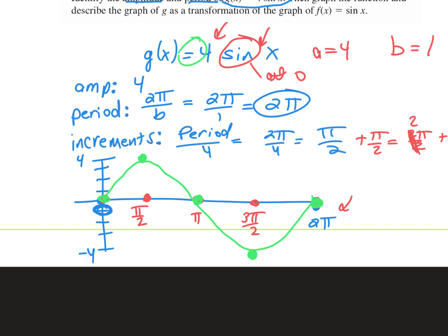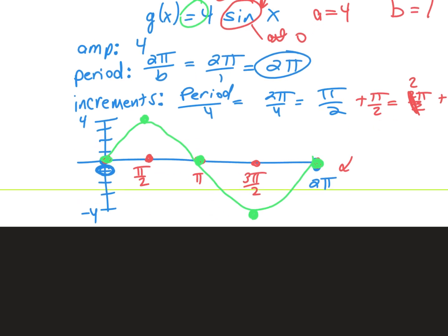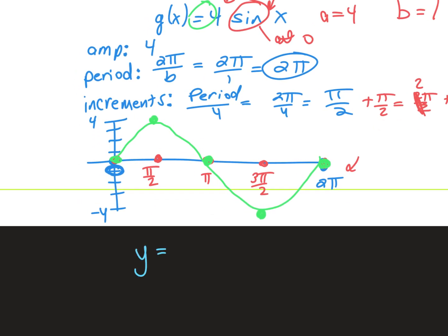Now, we can do phase shifts where you move it left and right and that sort of thing. But what if your function was y equals -4 sine of x? How did that change? What's your amplitude still? Your amplitude is still 4. Still goes up to 4 and down to 4.